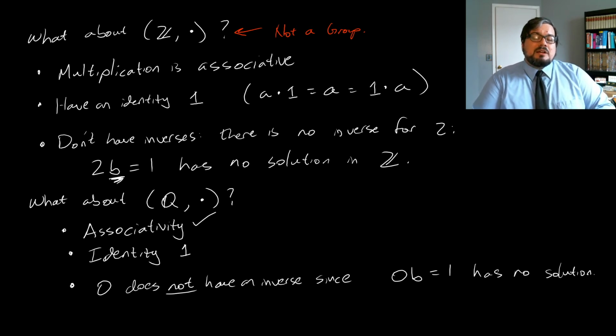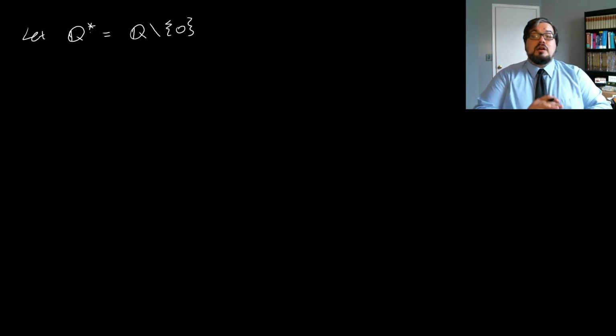But we are a little bit closer to having a group. Instead of having a whole bunch of things without inverses, we now only have one thing without an inverse, 0. And so we can in fact fix this now. So let Q star be the set of rational numbers except 0.